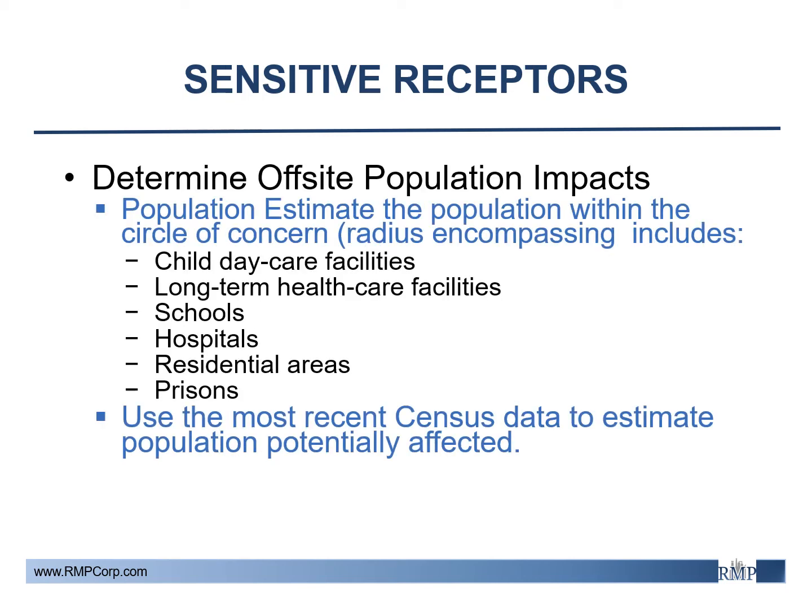Sensitive receptors are the population estimate within the circle of concern. These include child daycare facilities, long-term healthcare facilities, schools, hospitals, residential areas, and prisons. We use the most recent census data to estimate the population that is potentially affected.